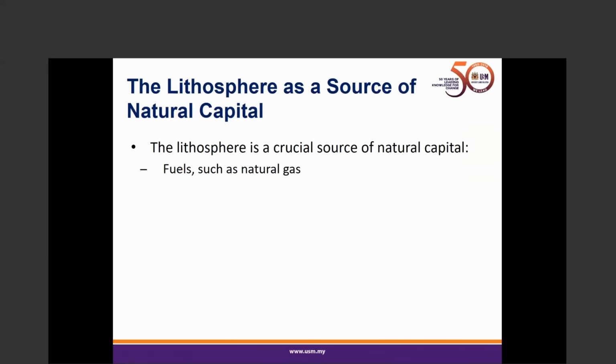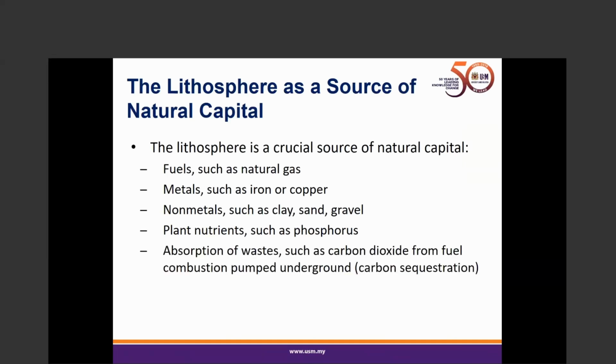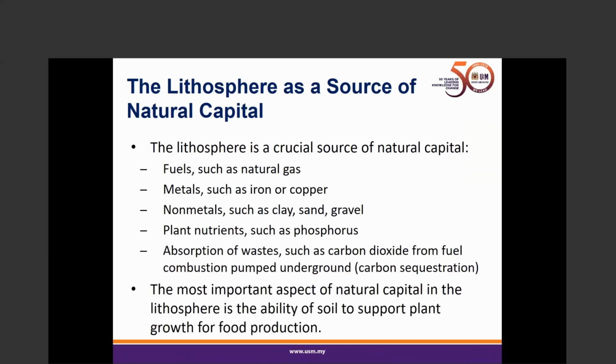It is a source of fuel such as natural gas, metals such as iron or copper, non-metals such as clay, sand, and gravel, plant nutrients such as phosphorus, and it's also a repository of waste. It absorbs waste such as carbon dioxide from fuel combustion. And the most important aspect of natural capital in the lithosphere is the ability of soil to support plant growth for food production.